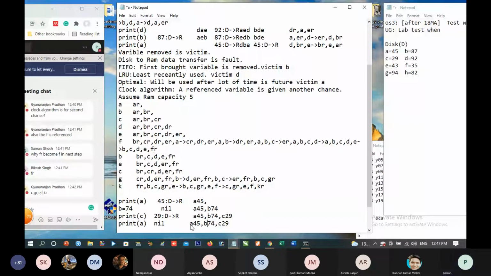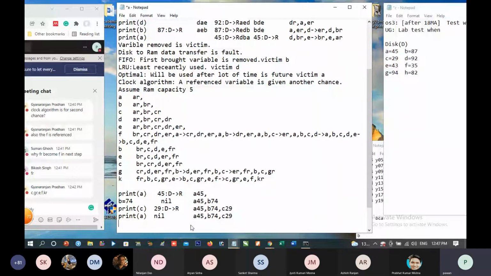Now, we are writing B equal to 56. No data transfer. A will be removed because there is no space for this. So it will be B74, C29, and B56. Okay.